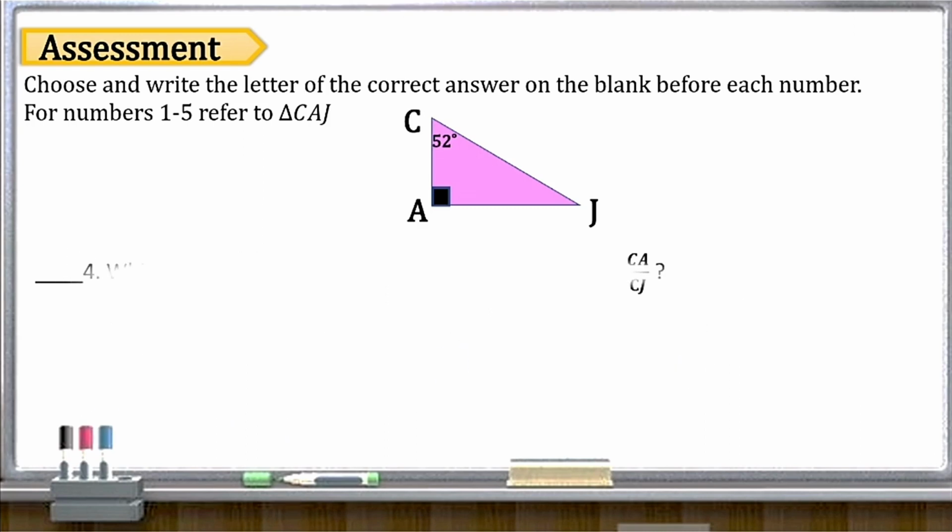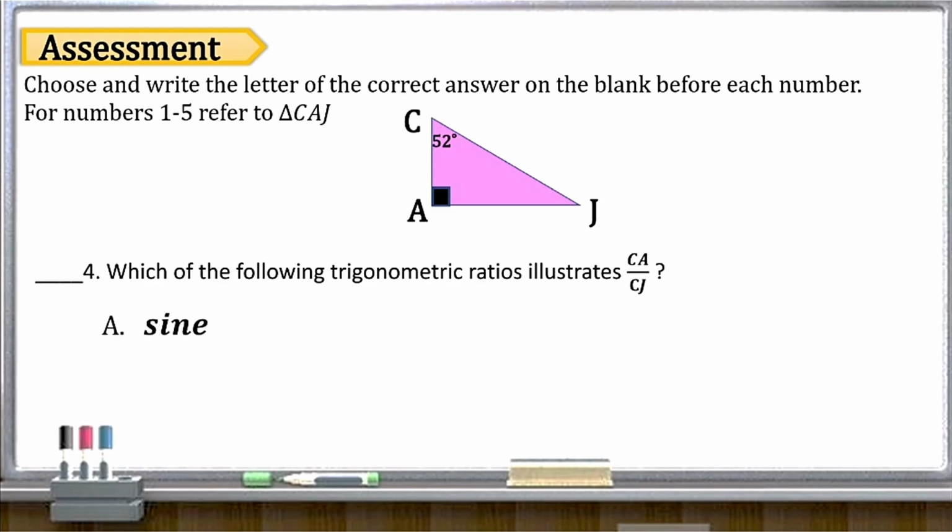Next, number 4. Which of the following trigonometric ratios illustrate CA over CJ? Letter A, sine. Letter B, cosine. Letter C, cosecant. And letter D, secant.